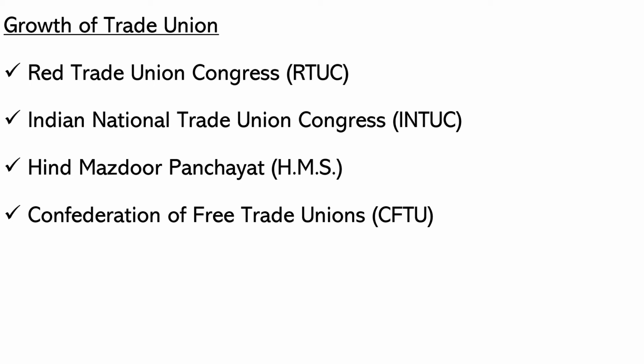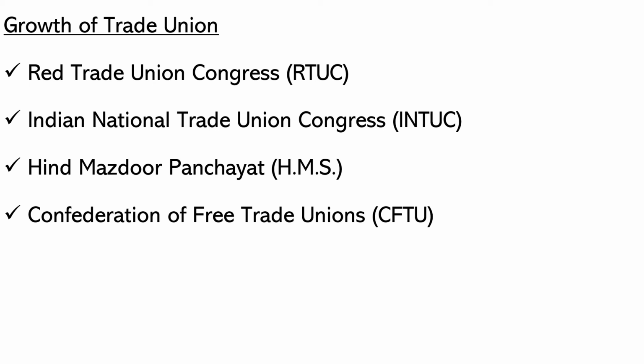Then what happened later? Socialists formed Hind Mazdoor Sabha, HMS, and in 1962, Confederation of Free Trade Unions was formed. So I've given you a gist about the growth of trade unions. Just go through it and understand it in the format of a story, then it will be easy for you.